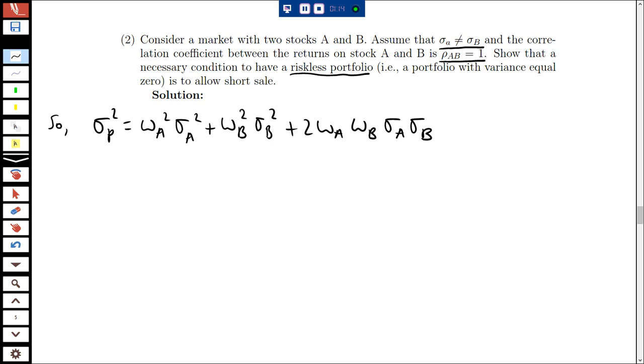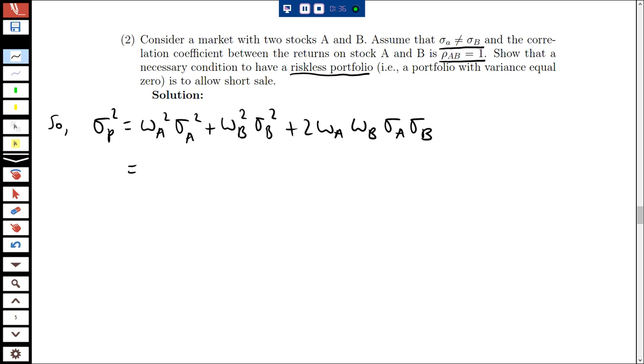And we know that the correlation coefficient is equal to 1. Okay, so that is built in. Let's check that. Yep, that's built in.